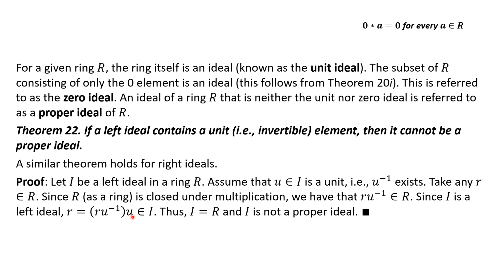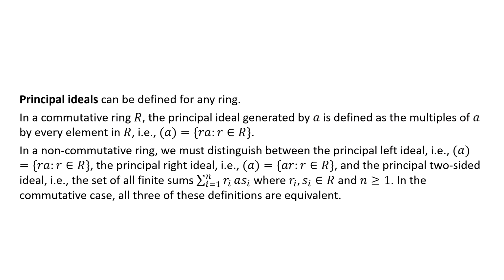The inverse times u just gives you the multiplicative identity. And thus every element of R is in our ideal. In other words, the ideal equals all of R, and it's not a proper ideal. It's actually the unit ideal in that case.